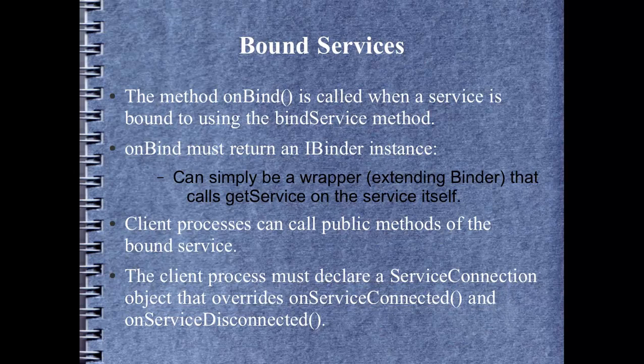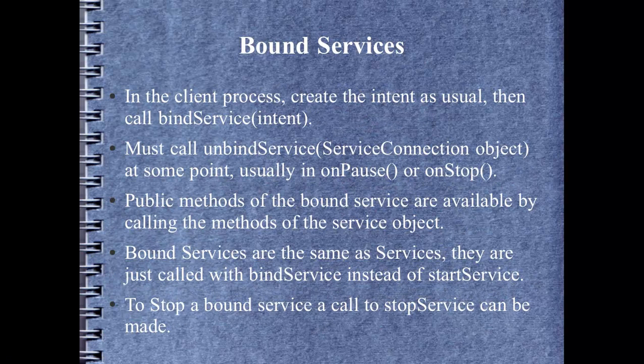So usually we keep a Boolean property that declares whether the service is bound or not bound at a specific point of time. So to summarize a bound service, in the client process, we create a normal intent. You know, the class we're calling from, which is usually this, and the class we're going to, which is something.class, and then we call bindService on the intent rather than startService.